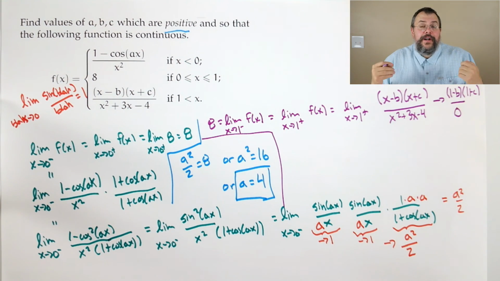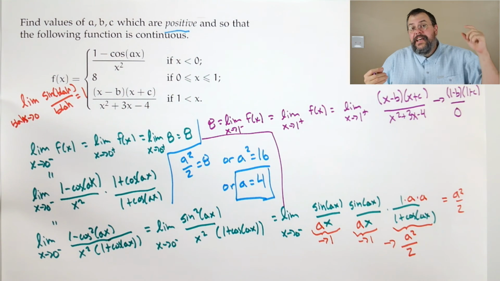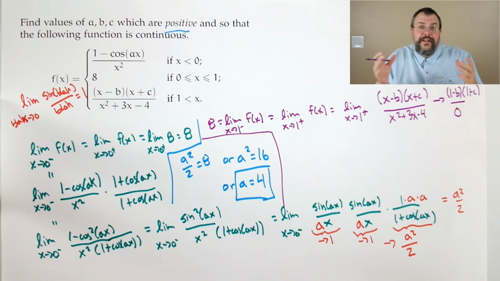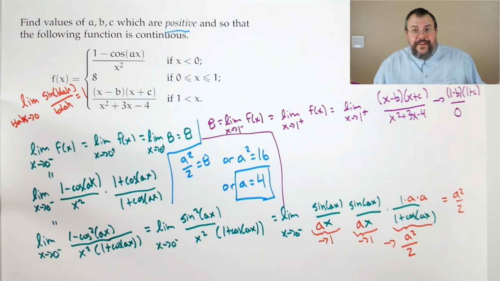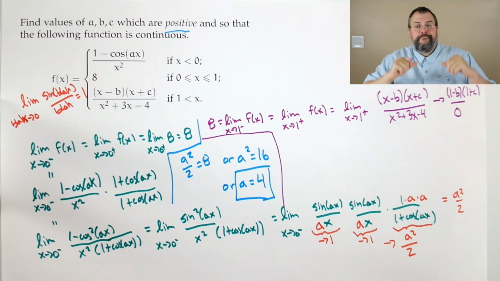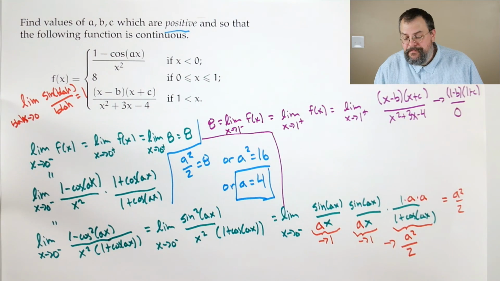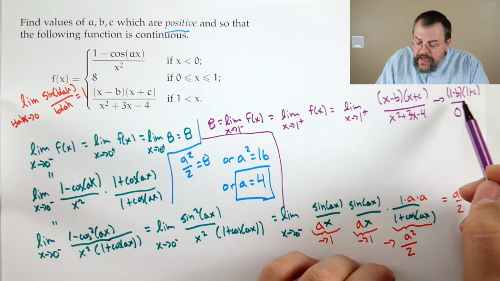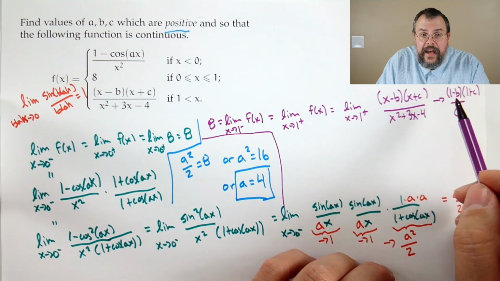Well, we know we want it to be continuous, so we need to get an answer. If the numerator was not 0, the limit couldn't exist. Because essentially, when you have a non-zero number divided by 0, you're blowing up. We can't blow up. So that's telling us we need 1 minus b times 1 plus c to be 0.